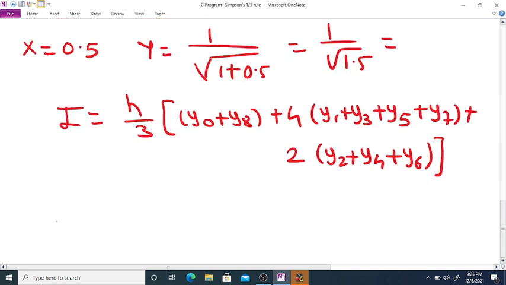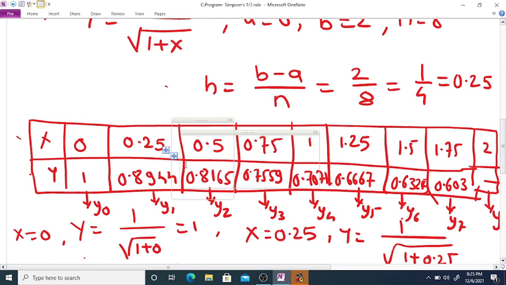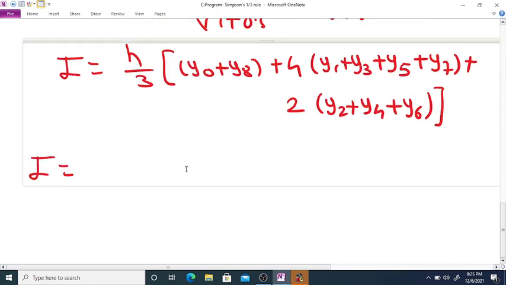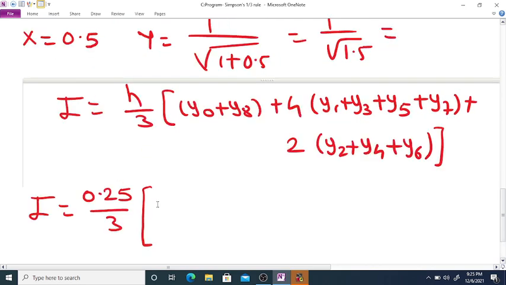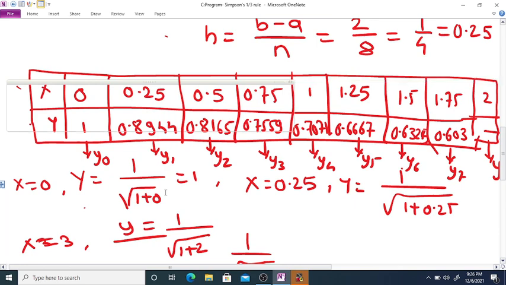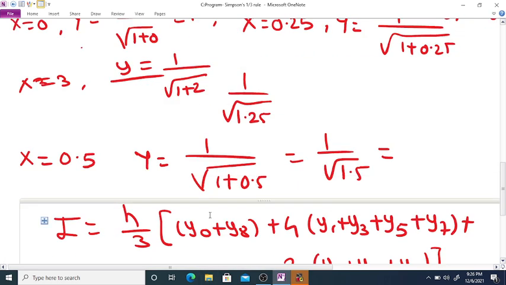So I is equal to h by 3, so h is equal to 0.25 divided by 3 inside the bracket y0, so y0 is 1 and y8 is equal to 0.5774.